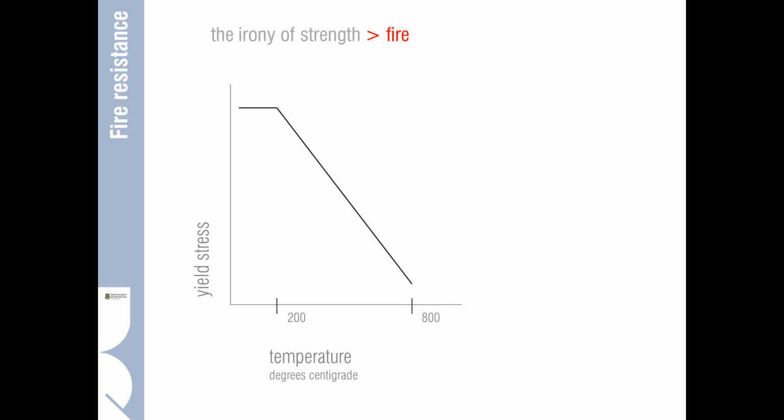So for multi-story and for structural applications where contained fires will be an issue, we do need to treat the steel in a way to resist or to protect it from high levels of heat, so that the building remains stable long enough for people to escape from it.